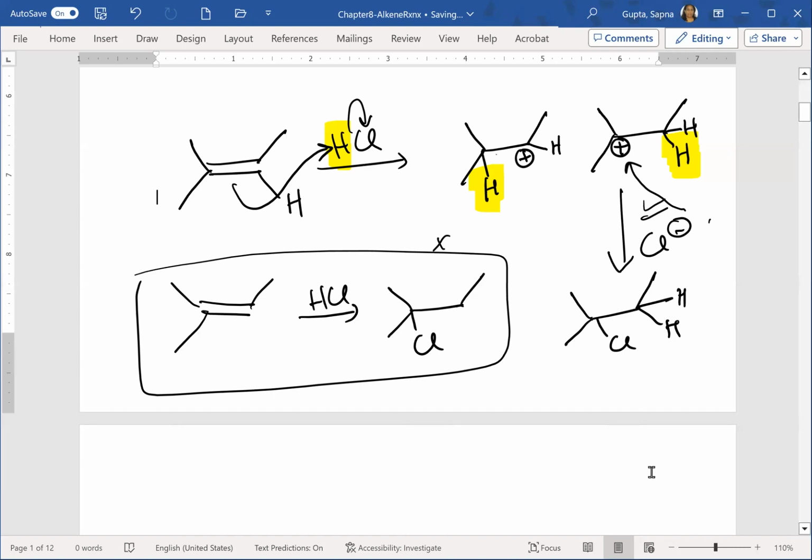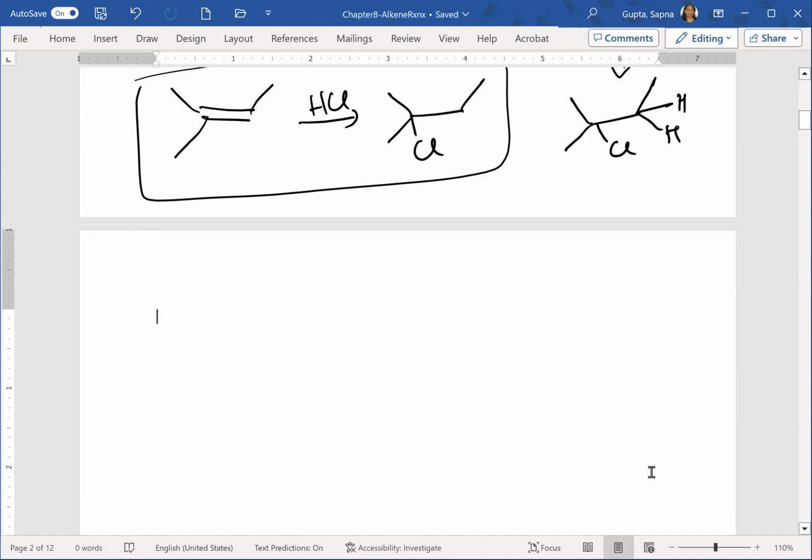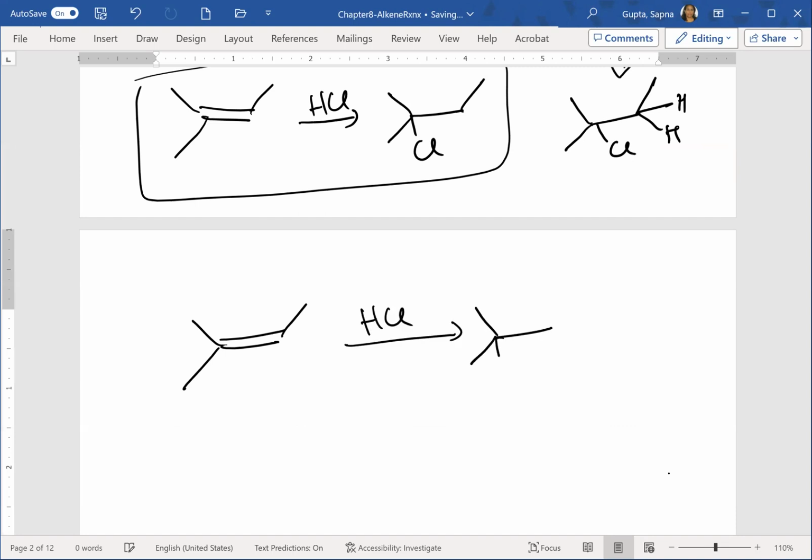So I'm going to go ahead and write this again because I need to make sure you understand what's going on. So if you take this and you add HCl to this, and let me write both the products. So let's say you get Cl here and you have H here, okay? And then the other product would be if you were to get H here and Cl here, right? I'm just reversing where things are adding.